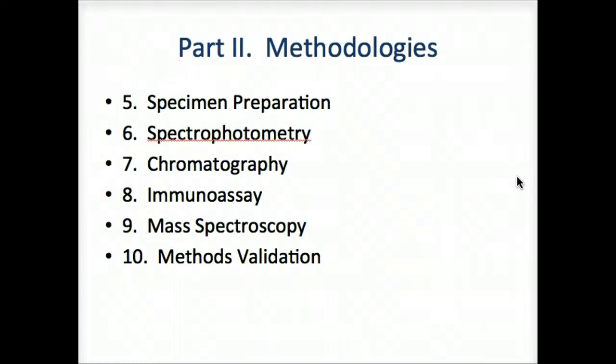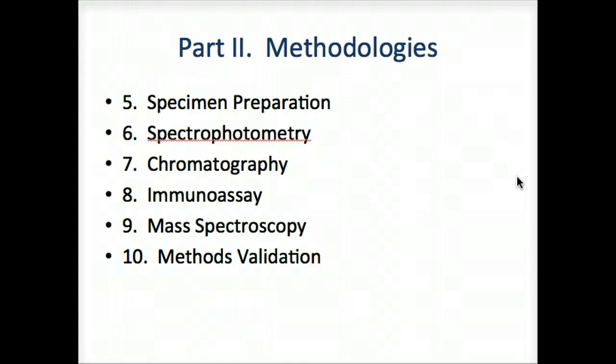Okay, we're going to be looking at chapter 5, specimen preparation, and the remaining chapters in methodologies. And these are, for the most part, general areas of methodologies that we're going to discuss before getting into the analytes of our course.